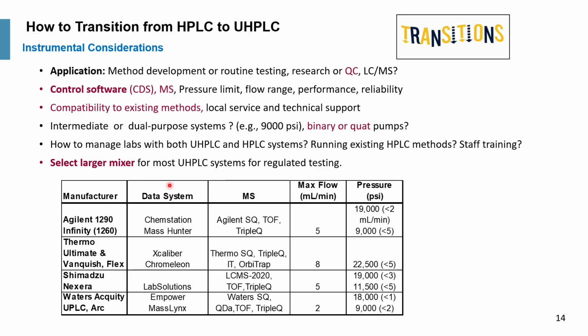And most likely you would choose a larger mixer for regulated testing. Here's a listing of some of the manufacturers, the data system, the kind of mass spec that is being offered, maximum flow, and maximum pressure.